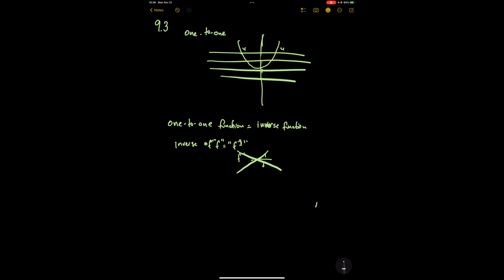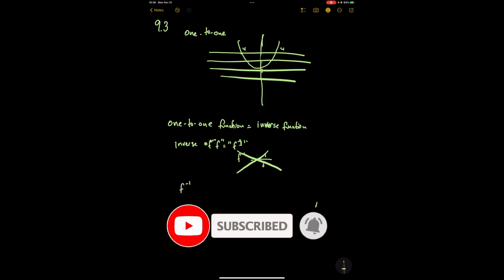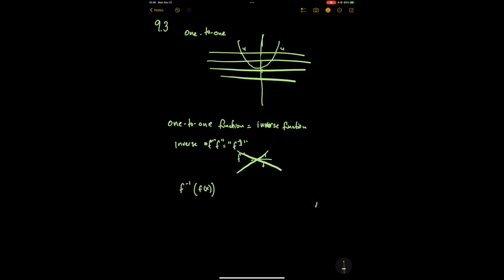Now, to know if f and f of -1 are truly inverses, we would have to do a little proof. We would have f of -1 of f of x, which is called a composite. Remember we saw that earlier when we had f of g of x, or f circle g of x?